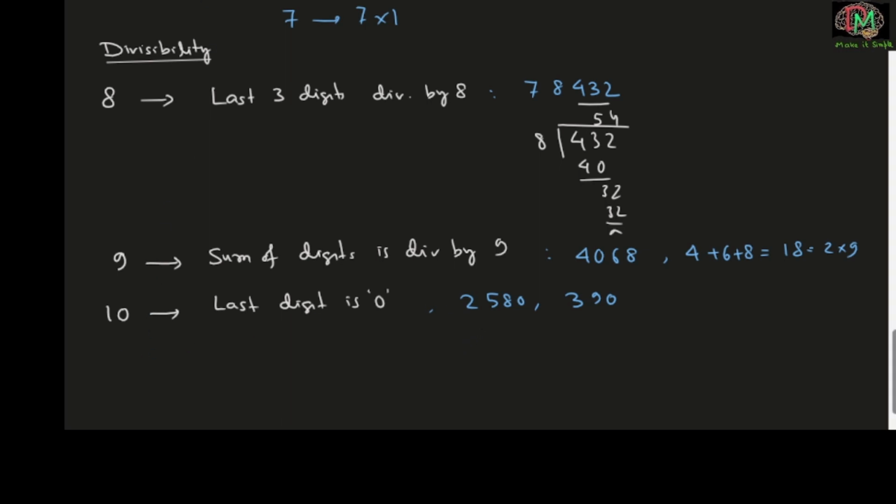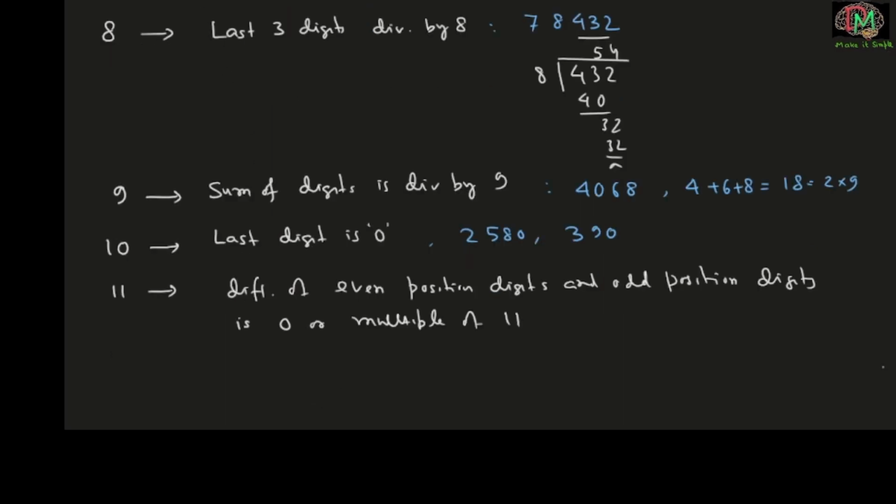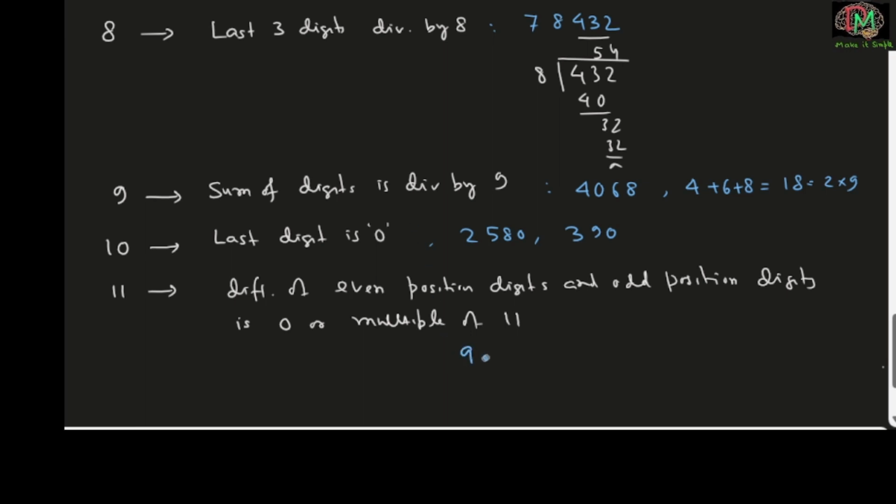Okay. Next is divisibility rule of 11. If the difference between the even position sum and odd position sum is divisible by 11 or is 0, then we can say the number is divisible by 11. Let's take one example, 9856.